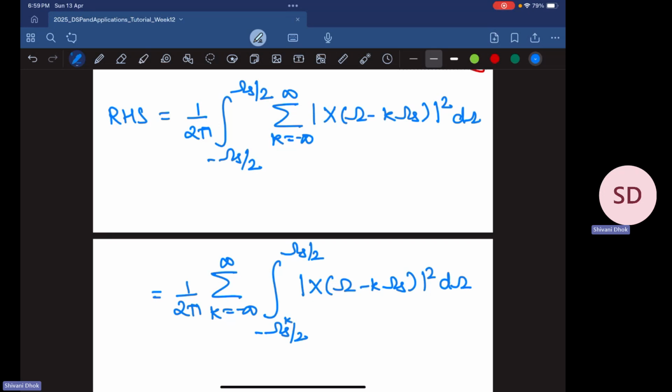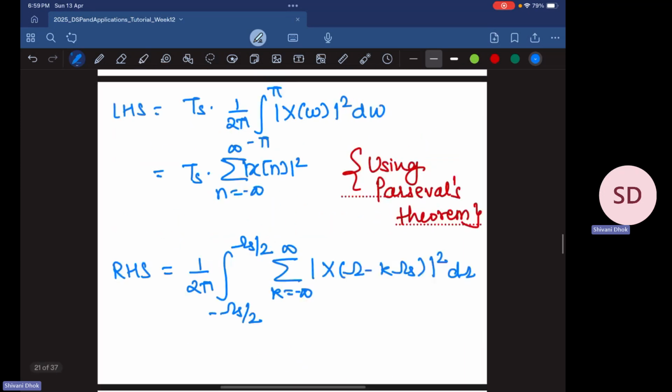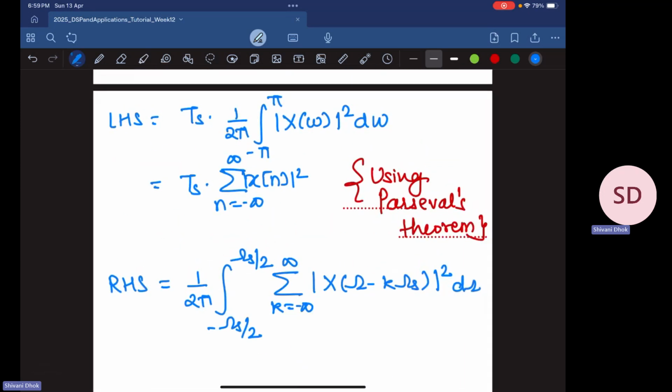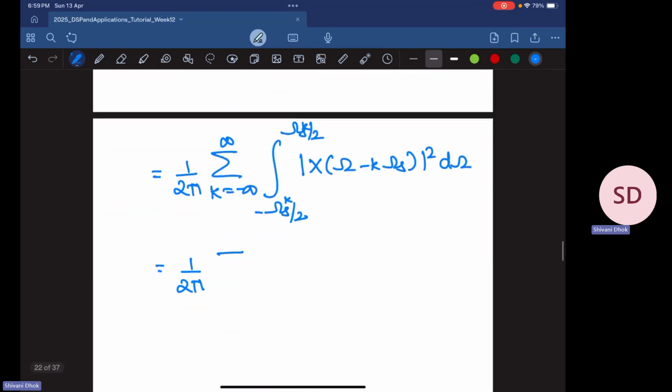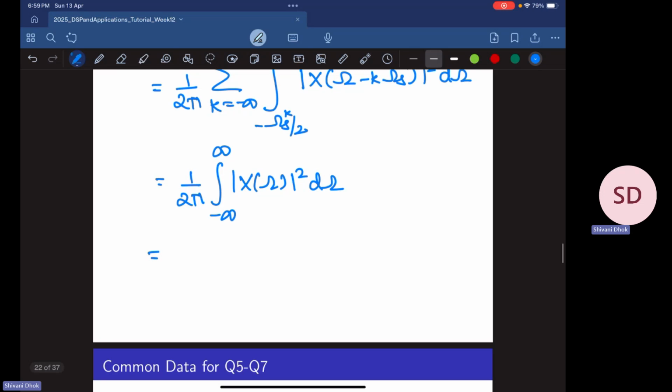So here I'll have k. This is equal to 1 over 2 pi integral from minus infinity to infinity of magnitude of X of omega squared d omega, which is equal to the integral from minus infinity to infinity of magnitude of x of t squared dt.